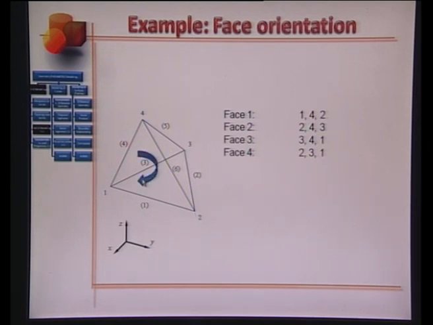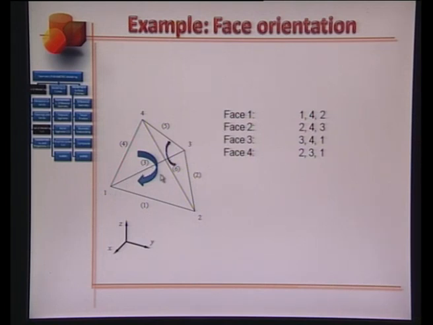Here, if we consider the clockwise orientation, you can imagine using your right hand and curling the fingers along this arrow with your thumb pointing outwards. If you think of that, you will notice that the thumb is pointing into the tetrahedron.